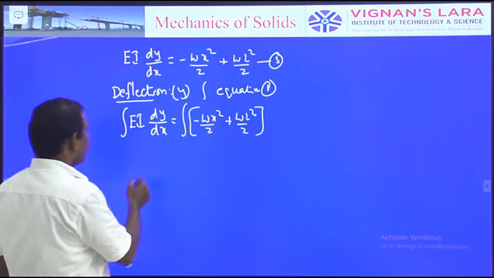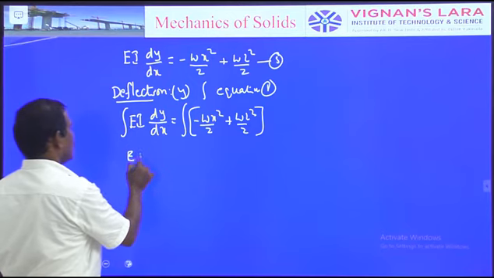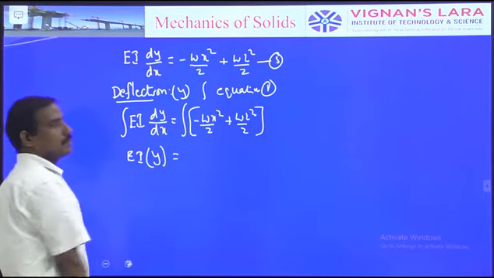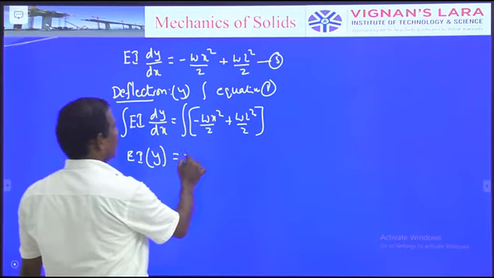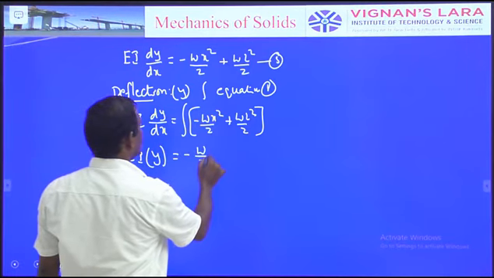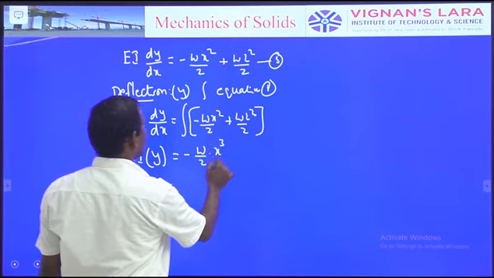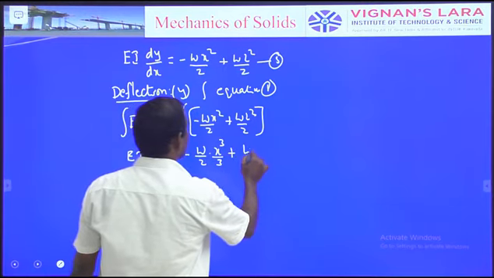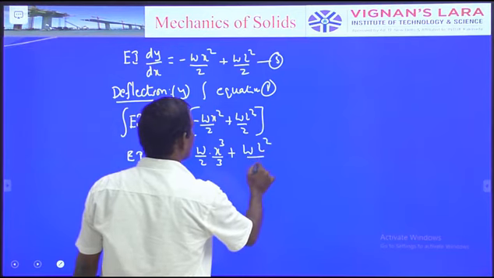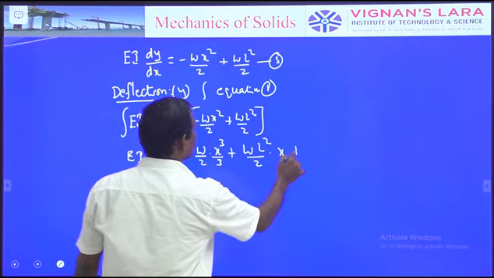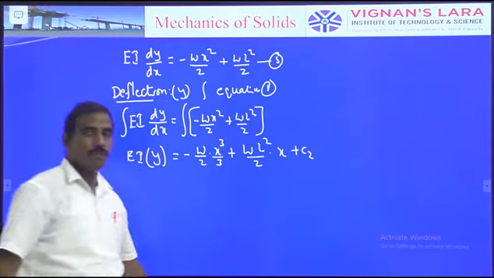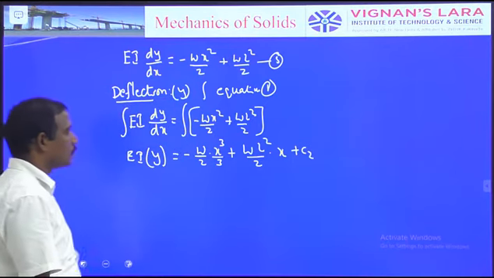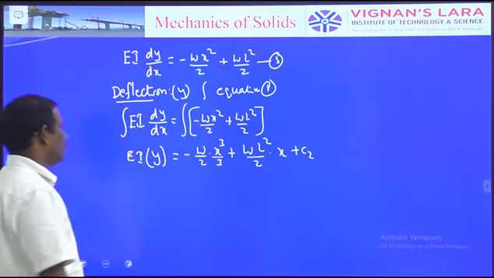So finally it becomes EI y = -(w/2)(x³/3) + (wL²/2)x + c2. Here we have to calculate the constant of integration c2 by imposing the boundary condition.